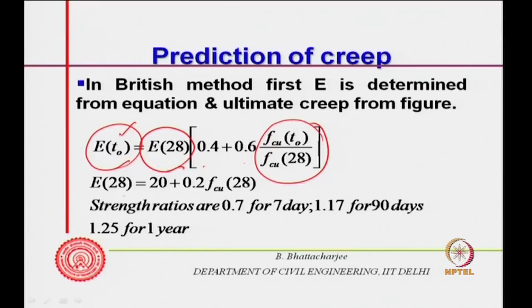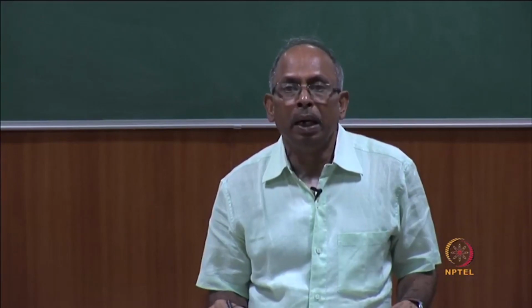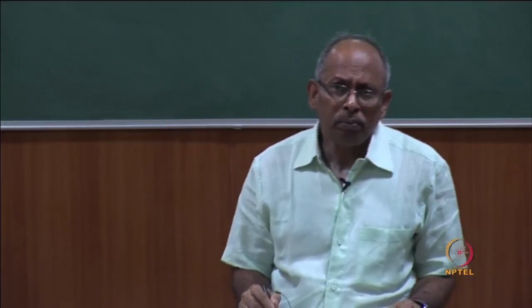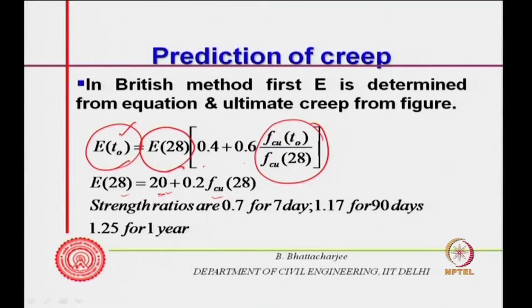Now, E28 is found out from this relationship, 20 plus 0.2. So, it is assumed a linear relationship with respect to cube strength simply, with the intercept being 20. So, it is put in as a linear relationship, and this strength ratio depends upon age.